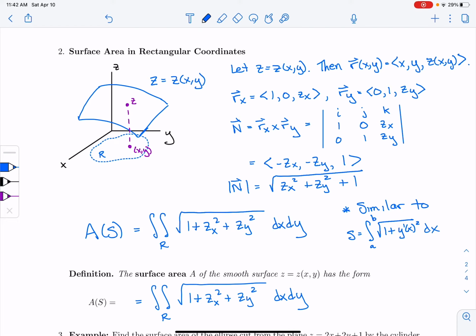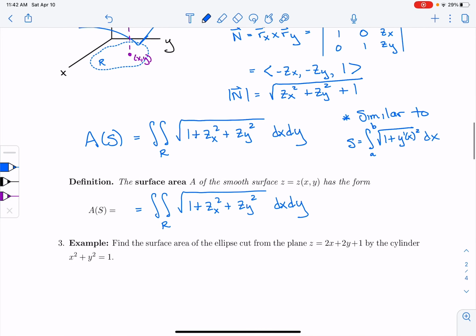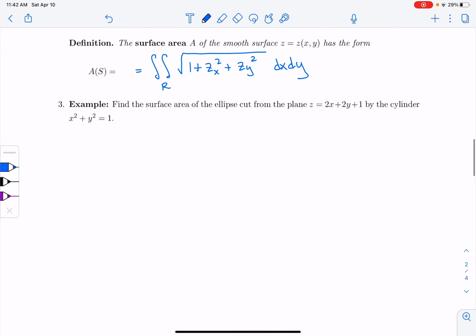So let's do one example. We want to find the surface area of an ellipse cut from the plane z equals 2x plus 2y plus 1 by the cylinder x squared plus y squared equals 1.